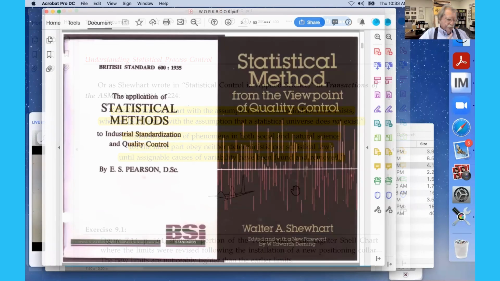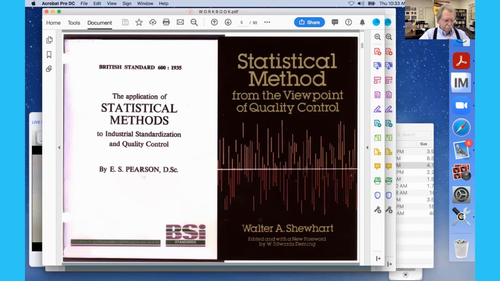So, Shewhart's first book came out in 1931. E.S. Pearson got a hold of it, corresponded with Shewhart, and then wrote his book in 1935, which became British Standard 600, the application of statistical methods to industrial standardization and quality control. And Pearson, a well-known name in statistics, was thinking like a statistician.